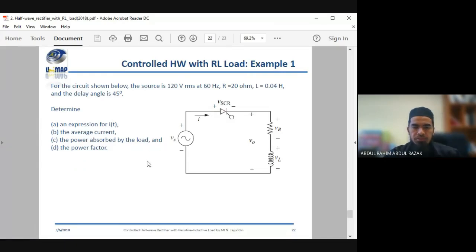Okay, this is an example. Same as the previous uncontrolled one, with a load. We shall discuss this one inside the pre-recorded lecture that I will upload later. But if you want to solve or do the exercise upfront, you can refer to page 98.